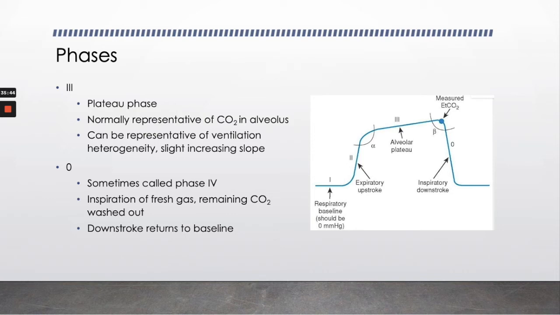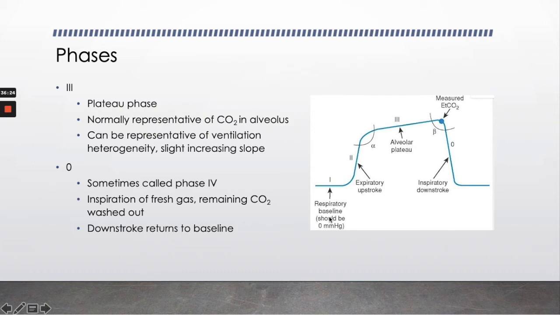Since ventilation and perfusion are not matched in all lung units, CO2 typically continues to increase slowly as a result of late emptying of the alveoli with the lowest VQ ratio, where they are the richest in CO2. That's why it starts out lower and then gradually increases, just because of the ventilation heterogeneity, and that's the slight increasing slope.